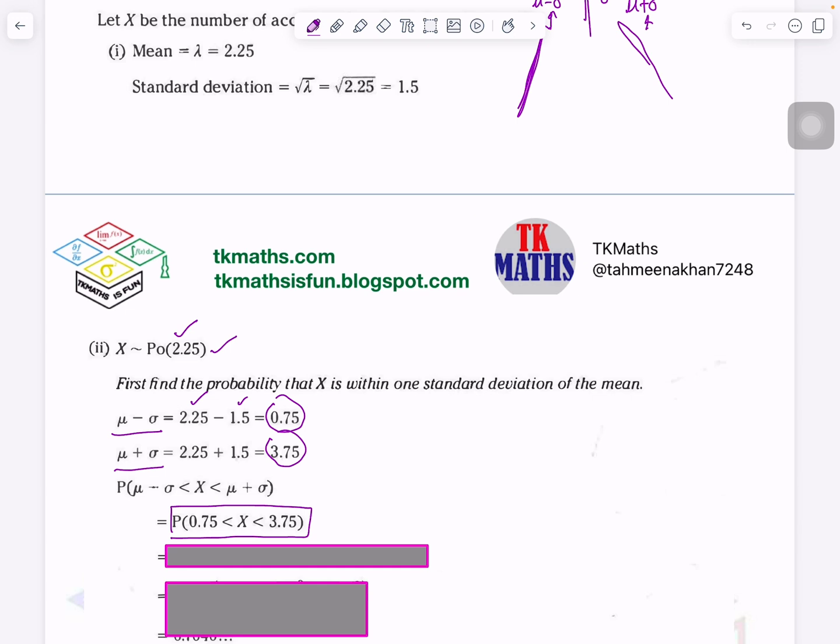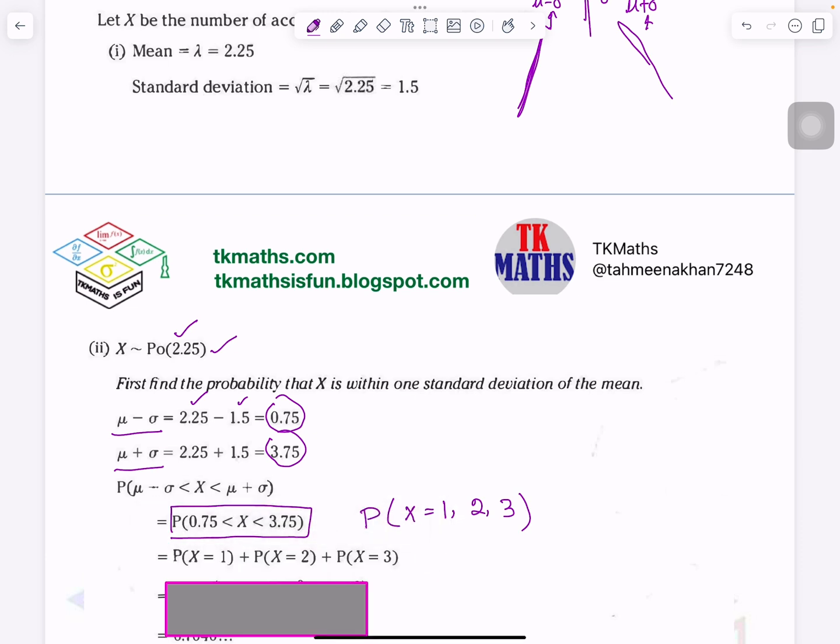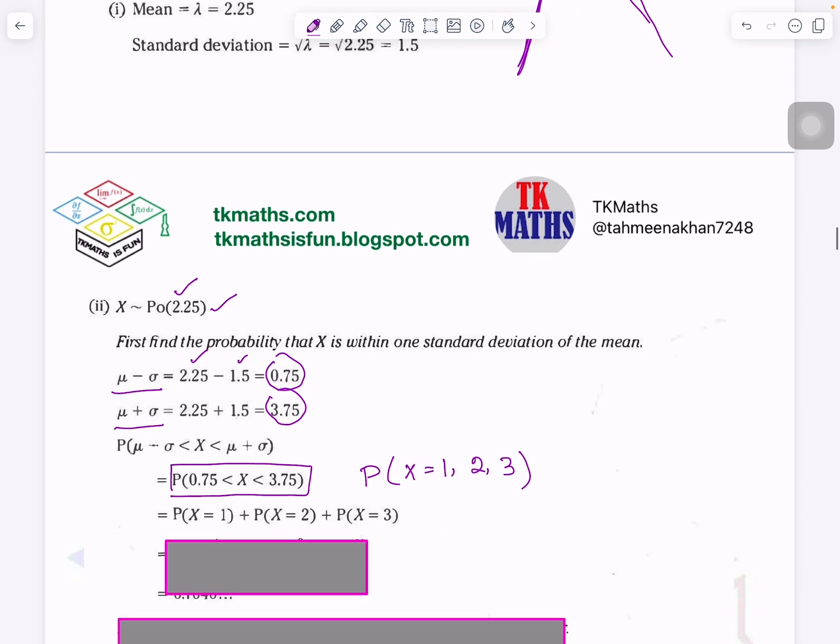So what integer value do you get here? Can you tell me? Within this, you get x equals to, which is more than 0.75 is what? 1, 2, and 3. Because after 3.75 it will be 4. So I have to stop at 3.75. So I will calculate the probability using the Poisson distribution formula for x equals to 1, 2, and 3.